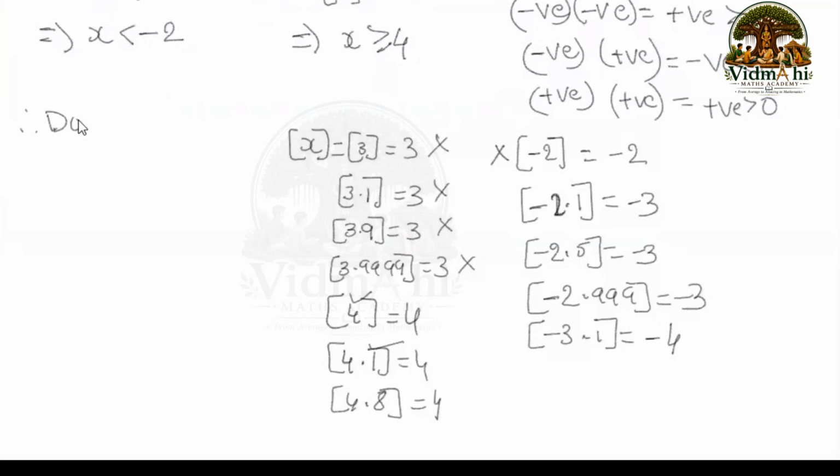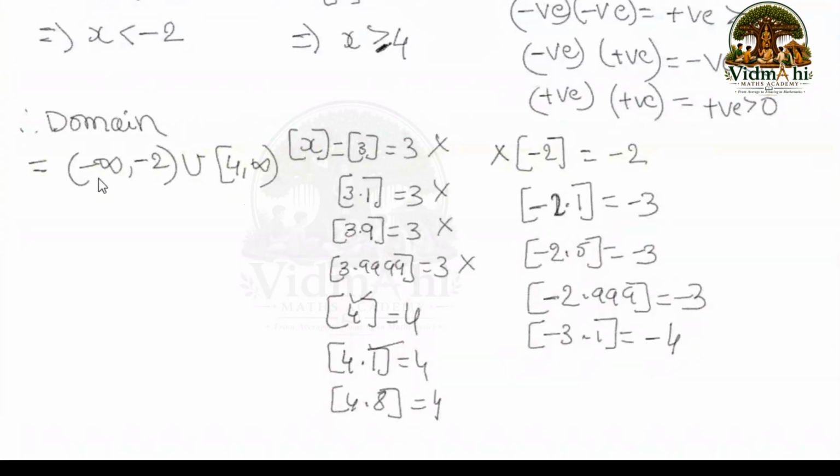Therefore, domain is equal to minus infinity comma minus 2 union closed interval 4 to infinity. Here it is an open interval because x is less than minus 2. Here it is a closed interval because x is greater than or equal to 4.